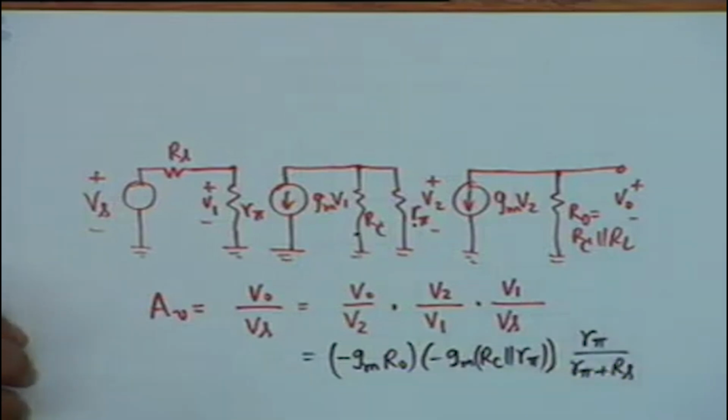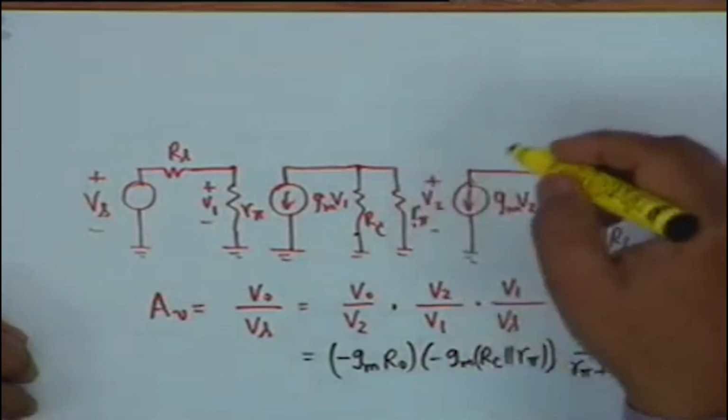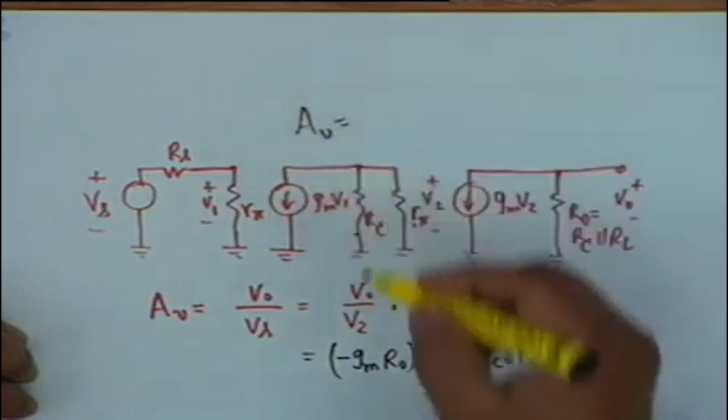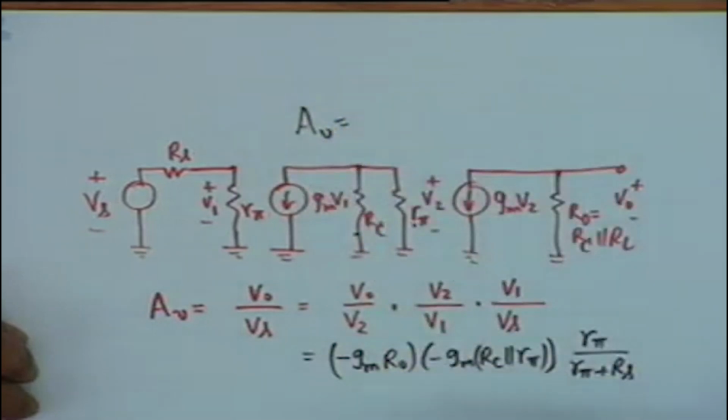And if you substitute the values and carry out the algebra, my calculator gave the value. You just have to substitute the values now. Everything is known, all right. And if you calculate this out, you notice that the gain is positive because it is a two-stage amplifier.